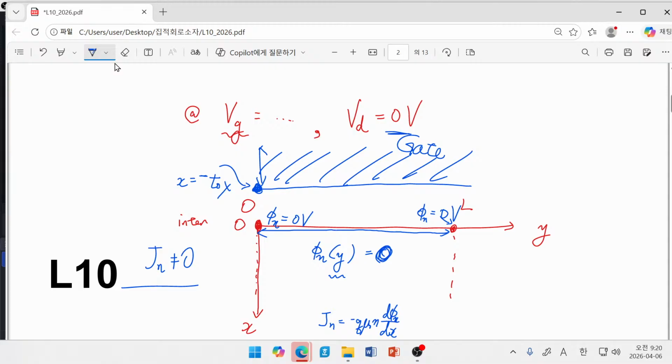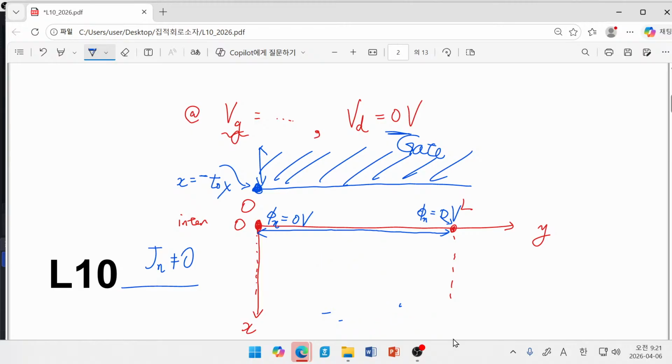Since this is just a constant, we will have 0, so there is no current at all. Yes, we are quite happy with this explanation. Since we have applied 0 volt and 0 volt, and inside the channel we have 0 electron quasi-Fermi potential, by taking its gradient we will have just a vanishing gradient. So we don't have any current conduction.